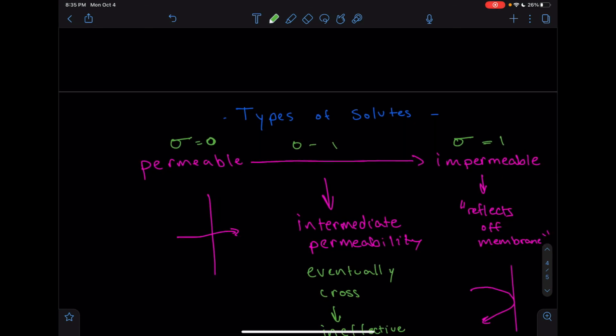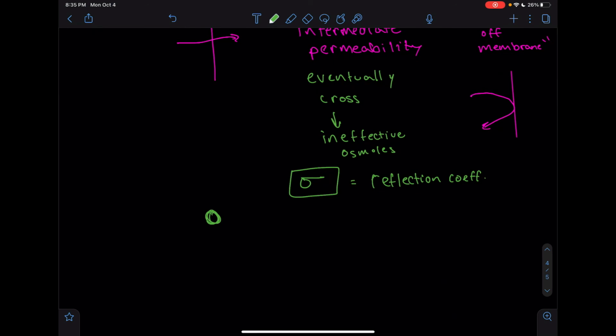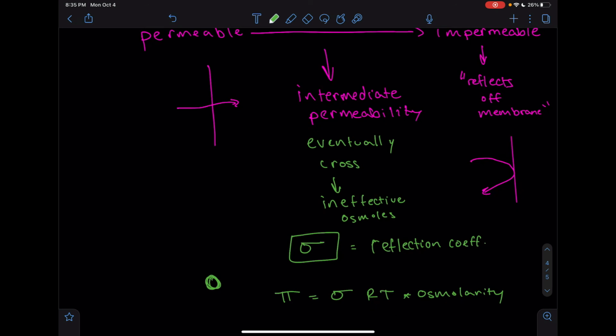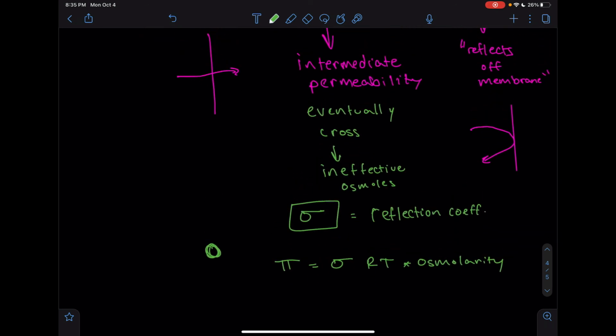When we're incorporating sigma into the equation that we were talking about before, we have osmotic pressure equal to sigma RT times osmolarity. So if you have a sigma of 0, as in it's very permeable, this is not going to create osmotic pressure. Why?